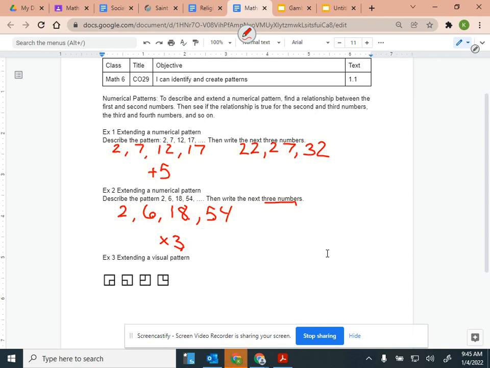Do the math. Who can tell me what's our next number? Bria? 162. 54 times 3 is 162. What's our next number? Brian? 486. 162 times 3 is 486. Now let's try doing it without the calculator. Tell me the next number.